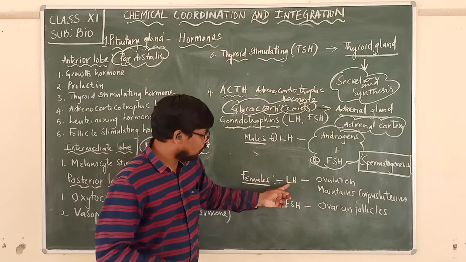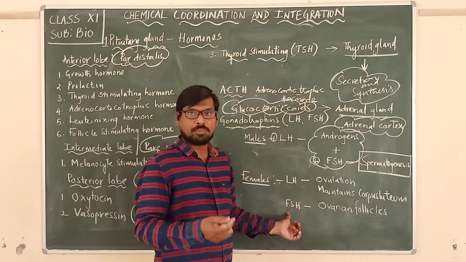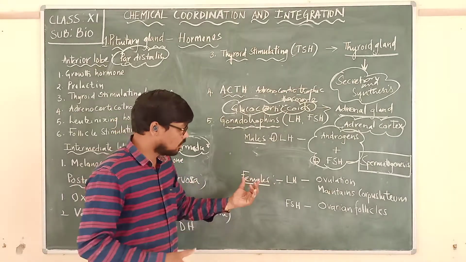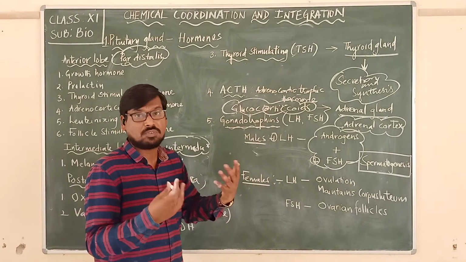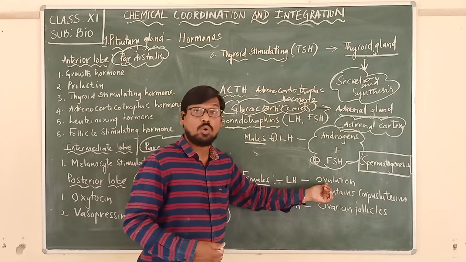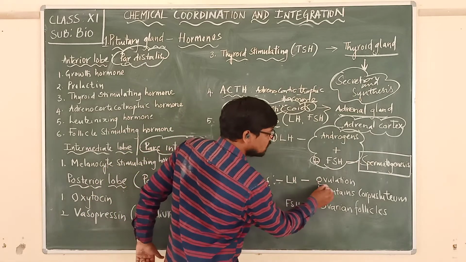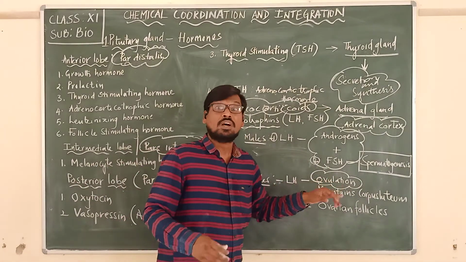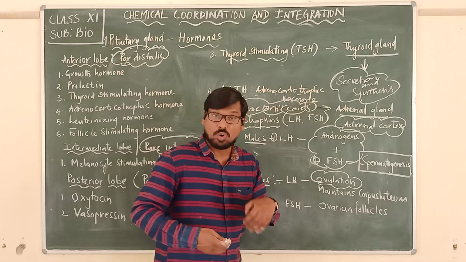But luteinizing hormone and follicle stimulating hormone are produced both in males and females, but their functions are different. In females, luteinizing hormone helps in ovulation, a word that you already studied. Ovulation means the releasing of the egg from the ovary.